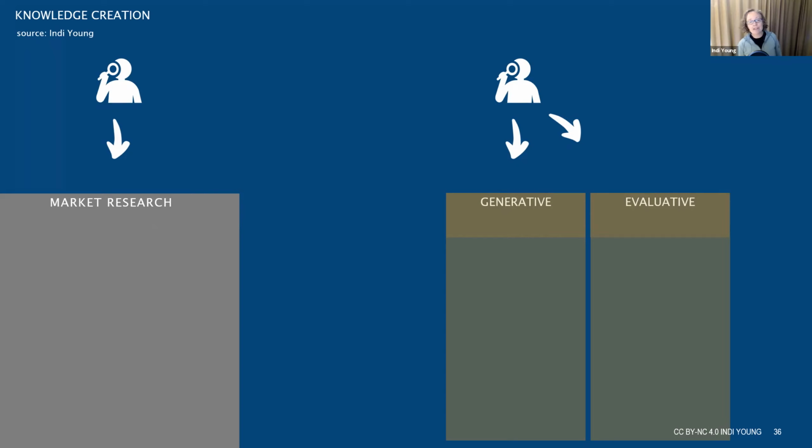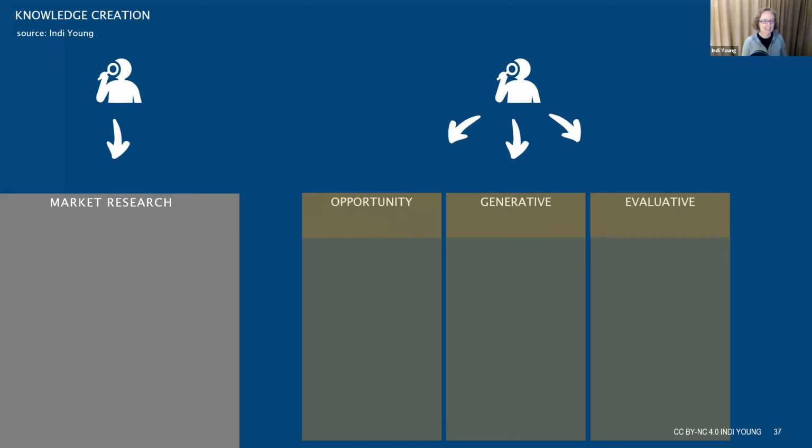So a little bit of our responsibility is to say, well, there are other ways of building knowledge. In addition to generative and evaluative, there's also opportunity research. And in addition to that, there's the idea of looking at a person's purpose to get a better understanding of what we can support.